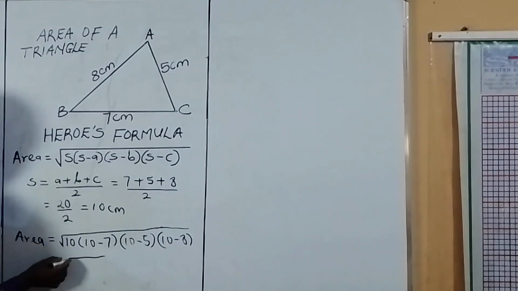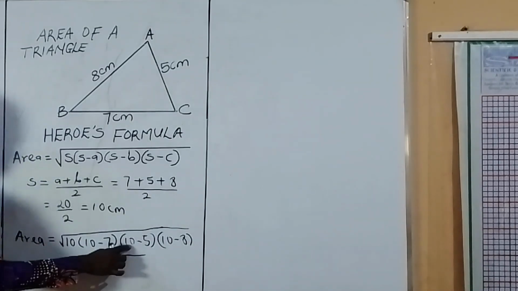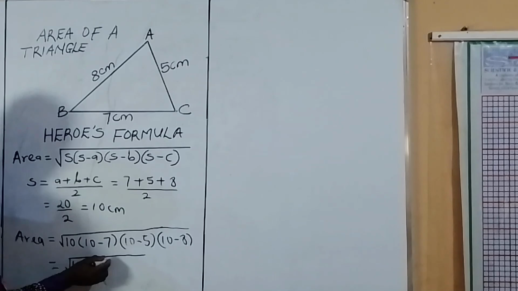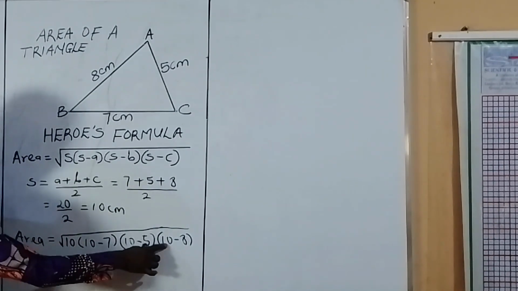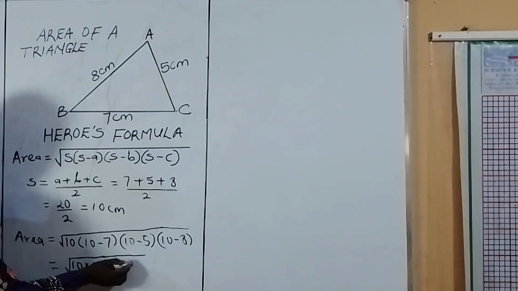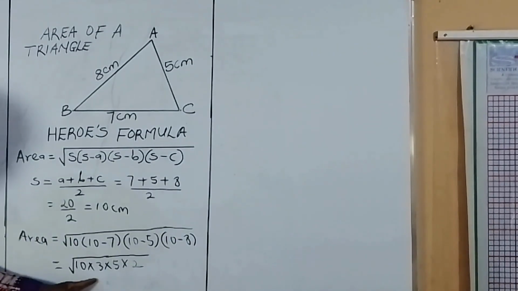Then it means that we are going to write 10 here, times 10 minus 7 is 3, so we write 3 here, then times 10 minus 5 is 5, so we put down 5 here, then times 10 minus 8 is 2. From here, we have under the root 10 times 3 times 5 times 2.